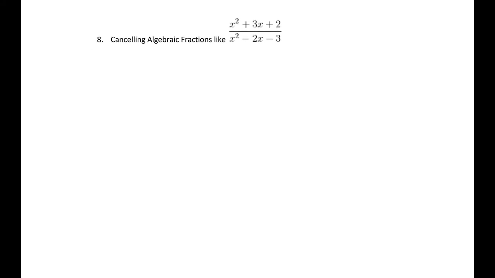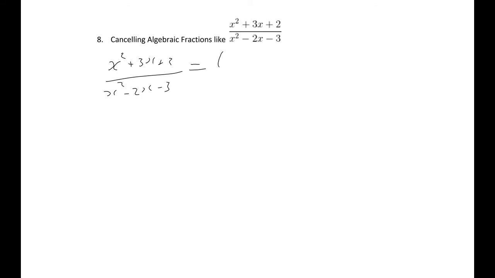Cancelling algebraic fractions. Okay. You get seen something like this, and it'll probably say simplify. Okay? So now you've got to work out what on earth do you do. Right, we got some x squareds in here. So the very first thing that you want to do is factorise them. x squared minus 2x minus 3.